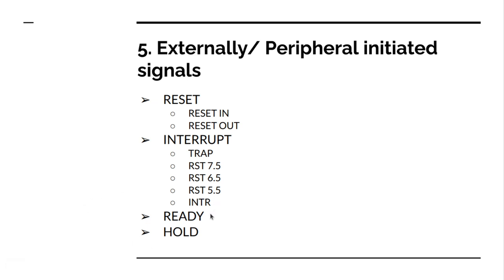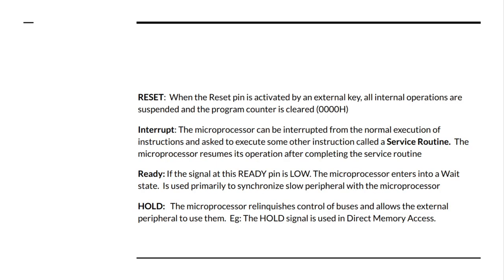The ready signal is used to show that it is ready for the next operation, and hold is used to stop the operation for a certain period of time. Okay, so let us understand each in detail. When the reset pin is activated by an external key, all the internal operations are suspended and the program counter is cleared, that is it is 0000H.